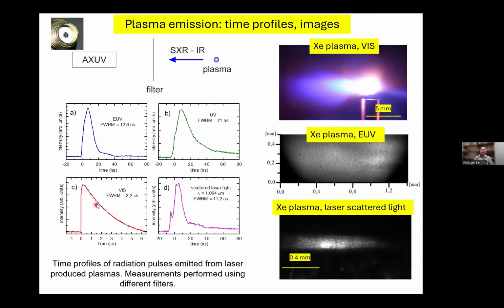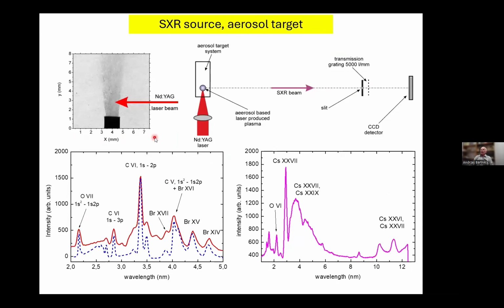So in visible range we have microsecond scale, in EUV we have nanosecond scale. We have also developed a special target, a so-called aerosol target, where it is possible to add some chemical compounds, giving other spectra than only from pure gases.